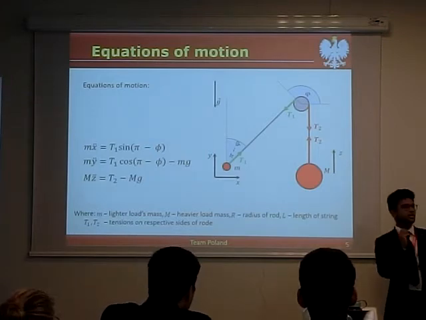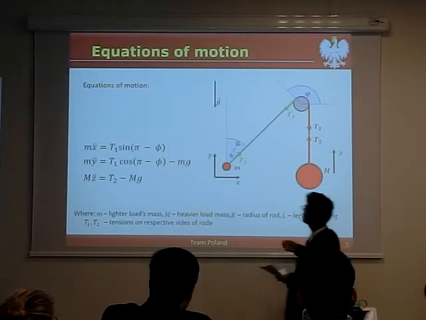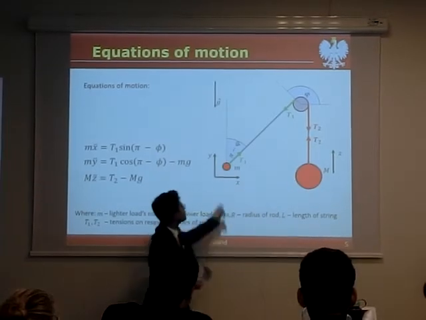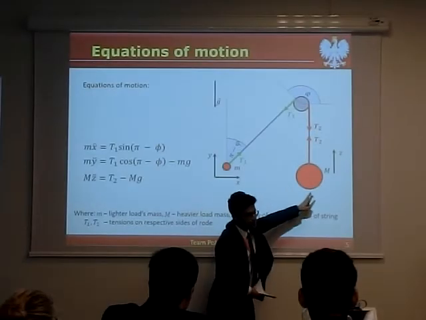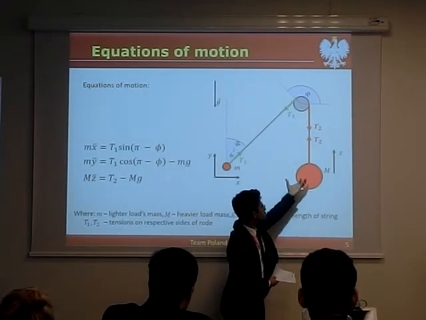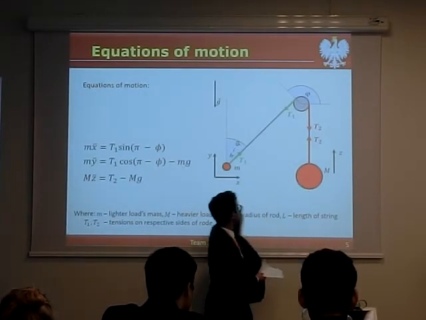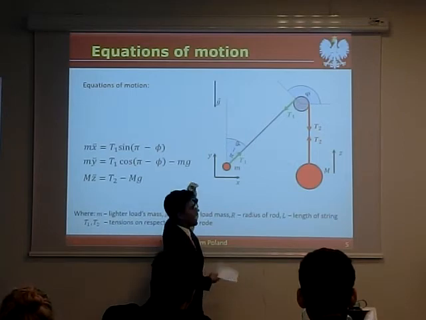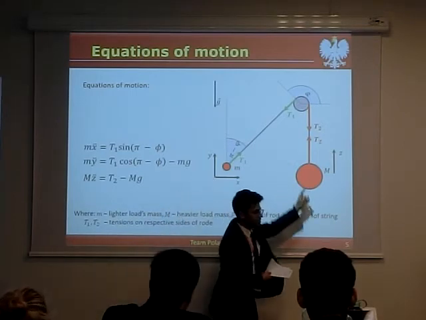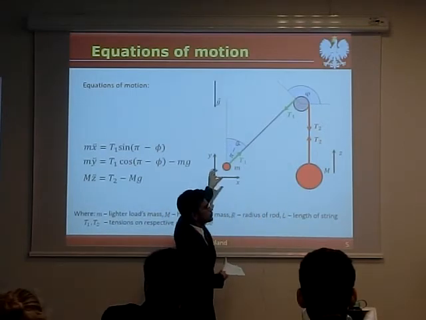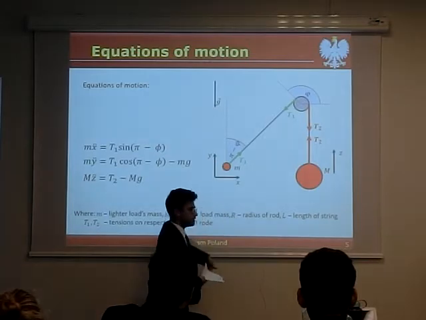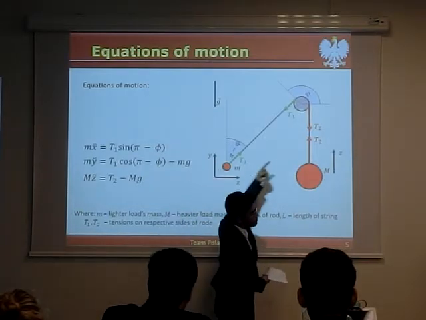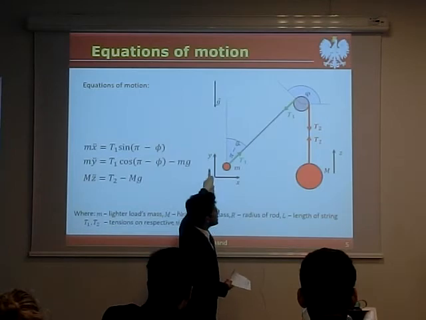Okay, so essentially, I think what might be important here is to first look at this is a heavier mass, this is a lighter mass, and so this has a weight force down, this has a weight force down as well. The heavier mass is going to pull down initially as the lighter mass is released, and the heavier mass is going to fall straight down, but the lighter mass is going to have some component of vertical acceleration downwards, but also tangential towards the roll, and that is what is going to make it loop around.